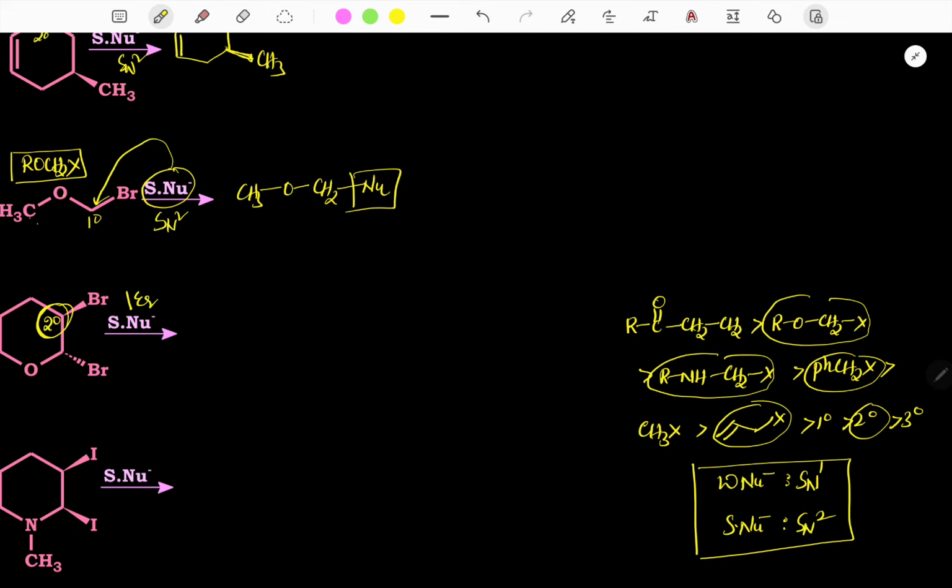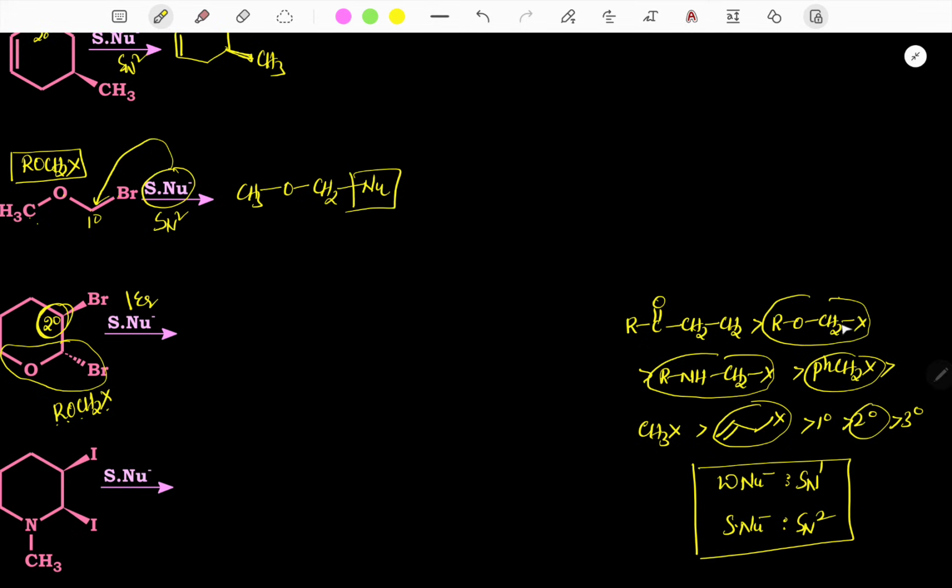Okay, now if you see the structure, you have to identify. If you see the structure, this is similar to ROCH2X, like this. And we know that ROCH2X is more reactive than secondary.